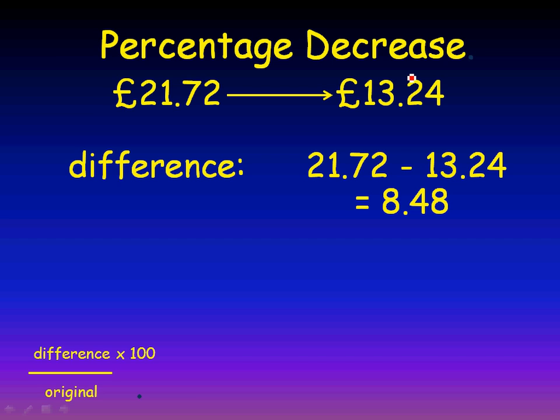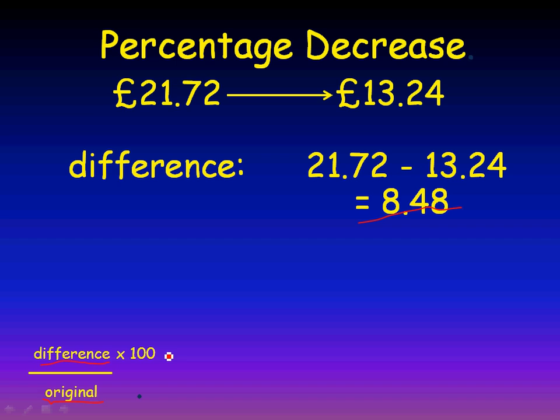Now again, what we need to look for next is the original. As I said previously, usually the first number, in this case again it is. With decrease I said that we start with a larger value and go down to a smaller value. So our original is the first number, the bigger number.